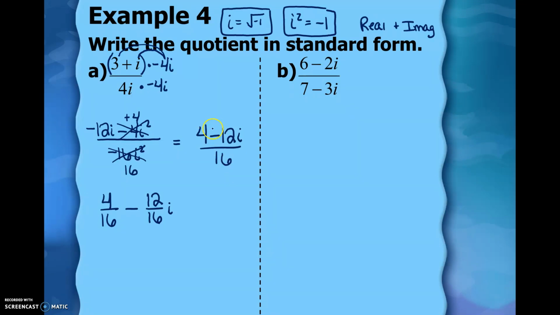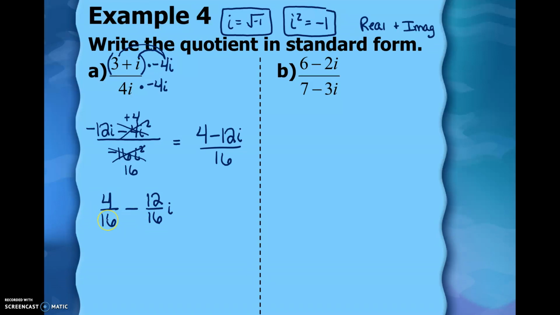Okay, you're just splitting this into two pieces using that denominator of 16 both times. 4/16 minus 12/16, and that 12/16 has the i with it. Once it looks like this, nice and split up, looking more like standard form with a number, a sign, and then the imaginary part, now we need to simplify those fractions.